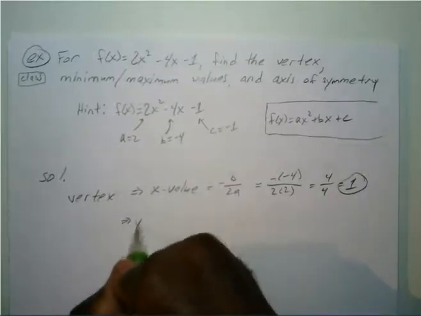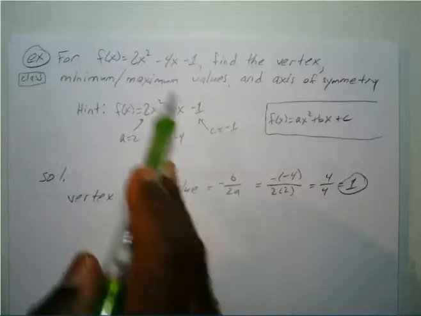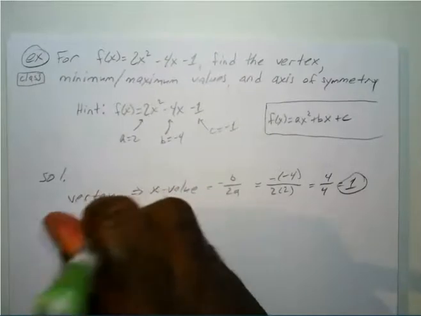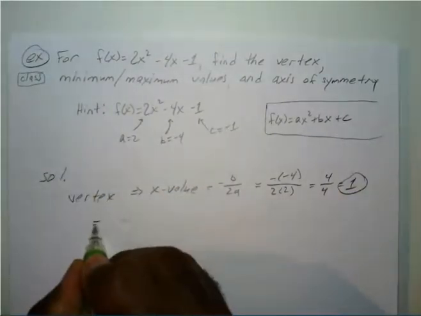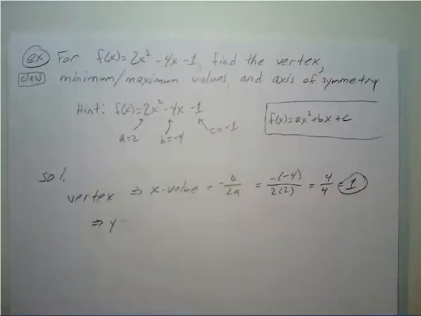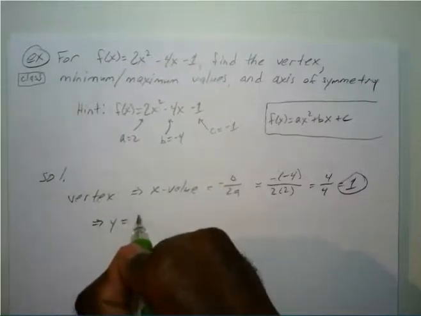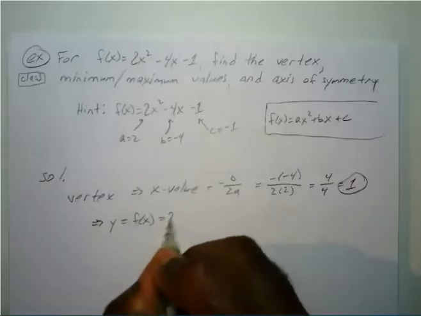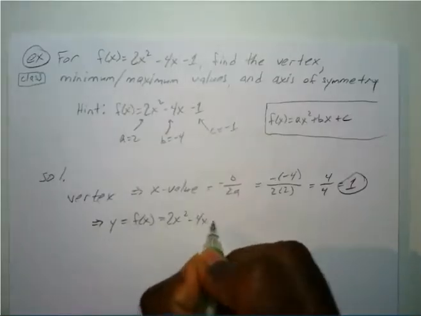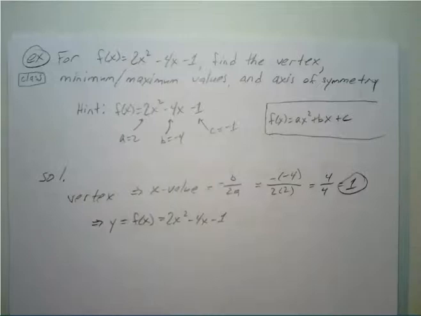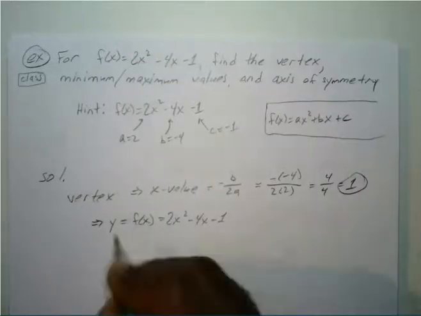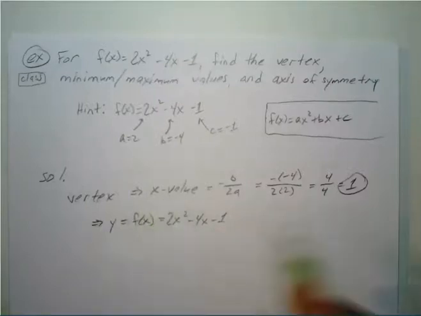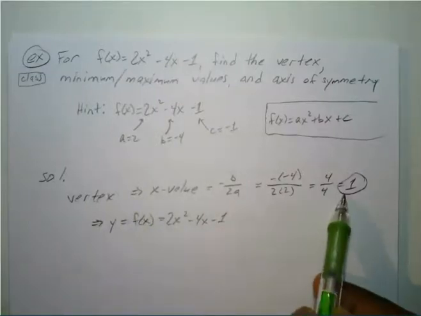Now for your y value, we take your x value and plug it in. Remember, y is equal to f of x, and f of x is 2x squared minus 4x minus 1. To find the y value for our vertex, we plug in the x value of our vertex.